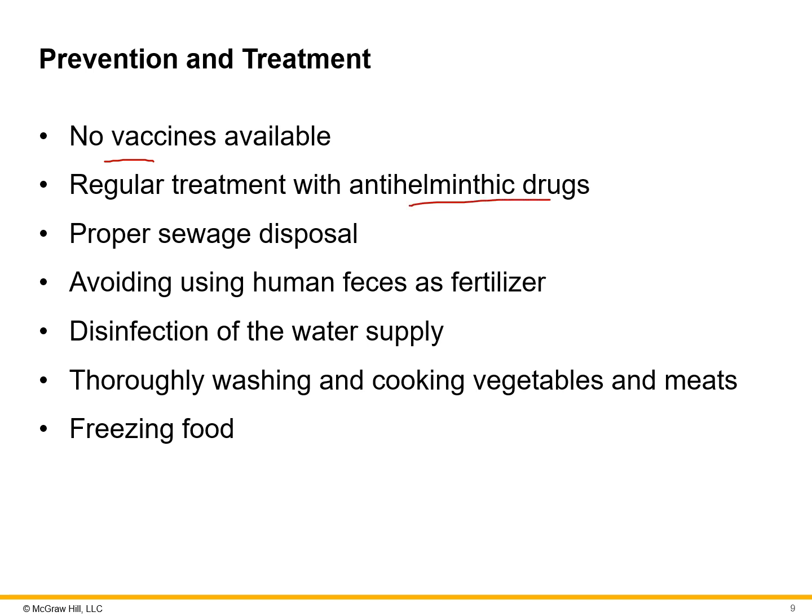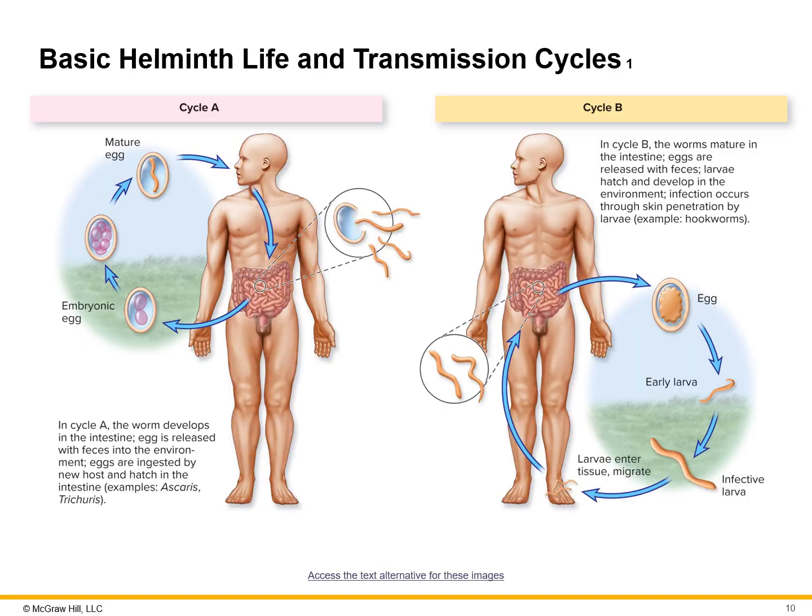Of course, they're unique because these are eukaryotic, which causes problems because our host cells are also eukaryotic. As far as prevention, proper sewage disposal, not using especially human feces as fertilizer, disinfecting the waters, properly cooking and washing vegetables, and then freezing food can also help with this.